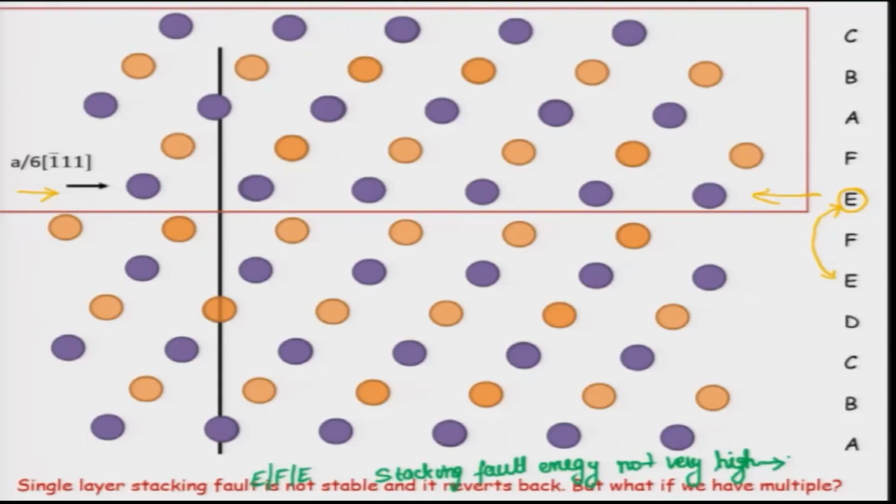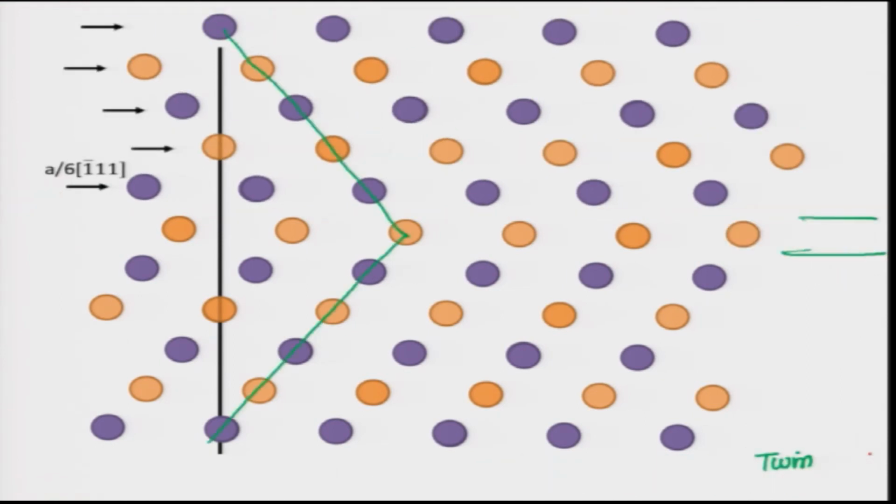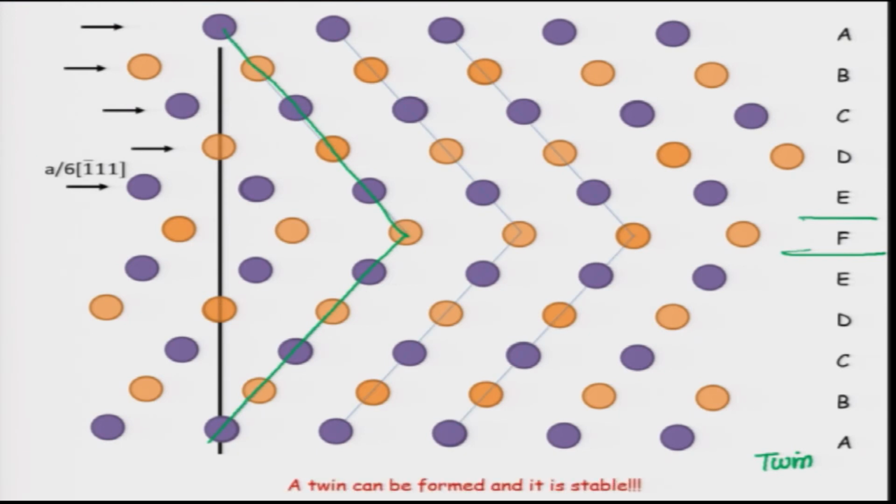So, it is not stable. But when you come to a twin, this twin is formed and it is stable.